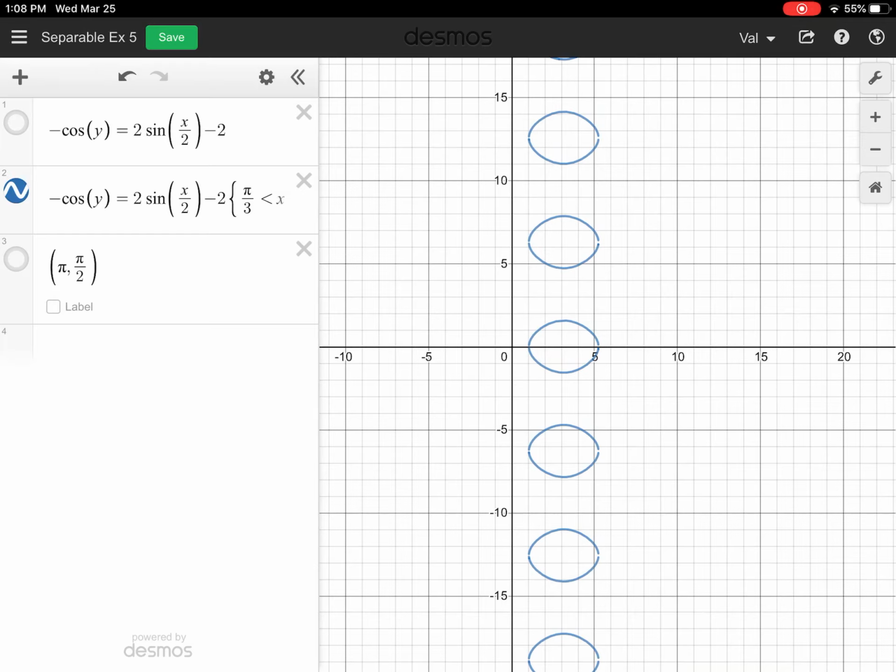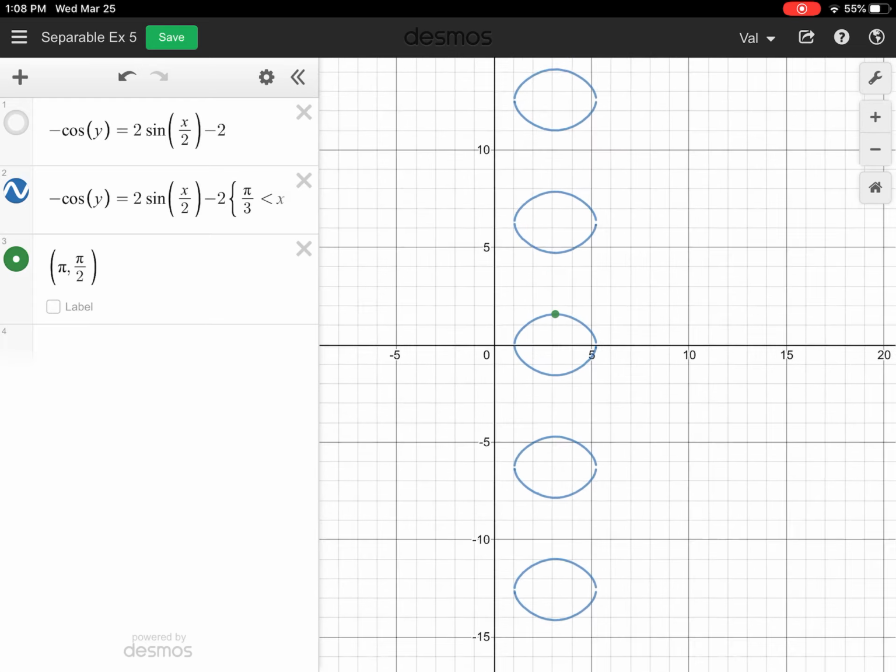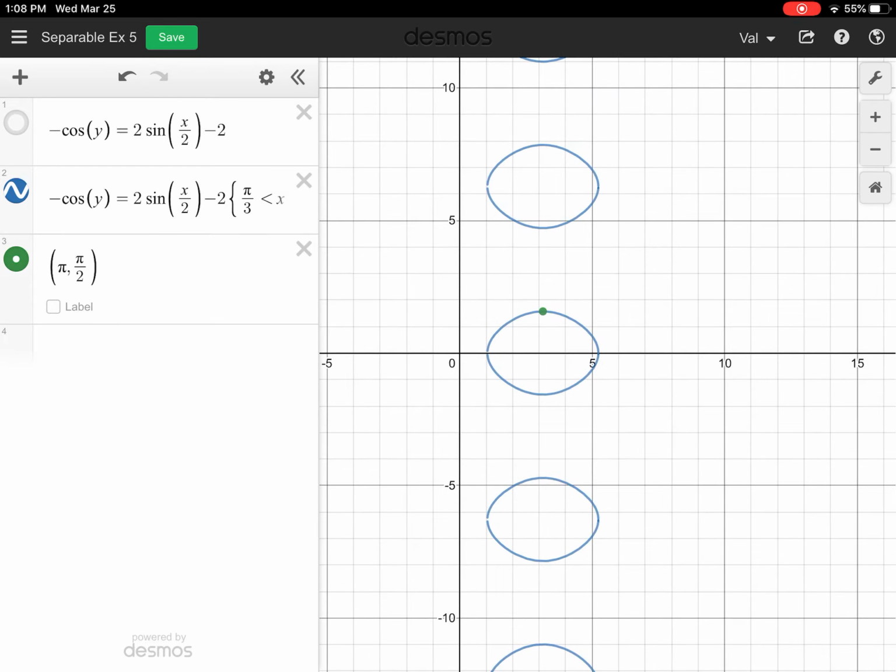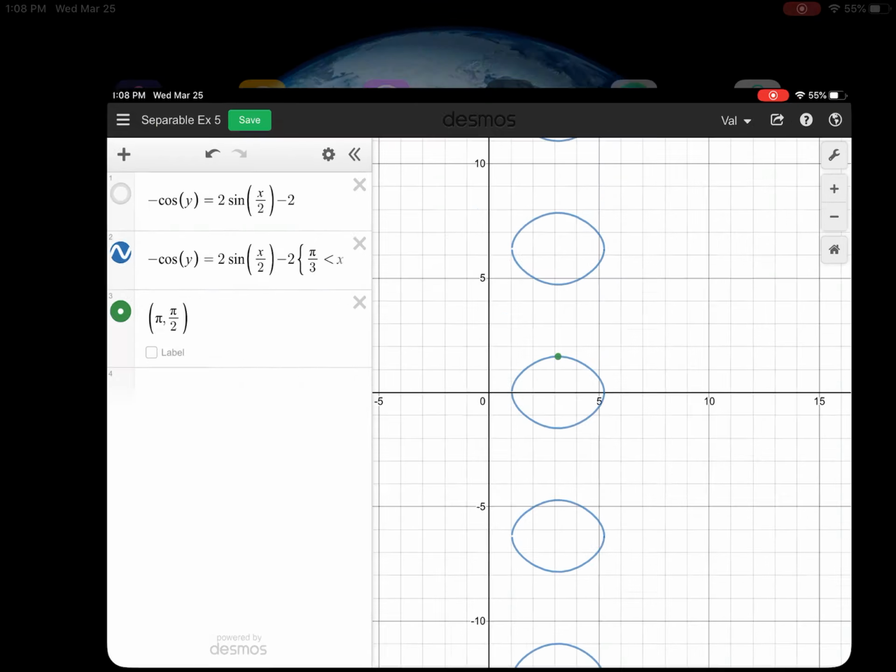I pick the one that satisfies the initial condition, u of pi is equal to pi over 2. I highlight my point over here, and we get this branch, this upper part of the elliptical figure that crosses the x-axis. That is our graphical solution to the differential equation that was originally posed.